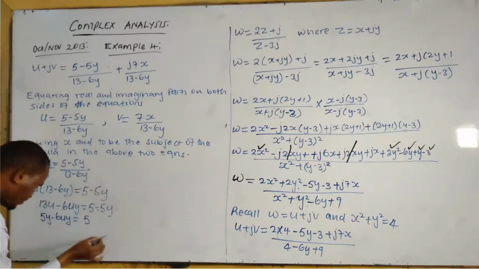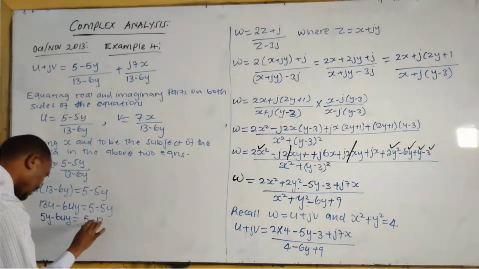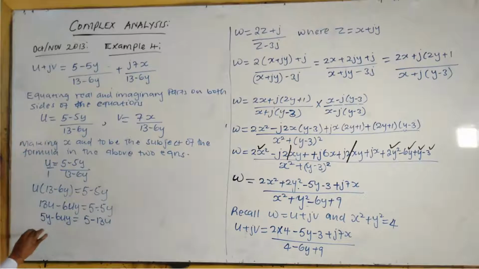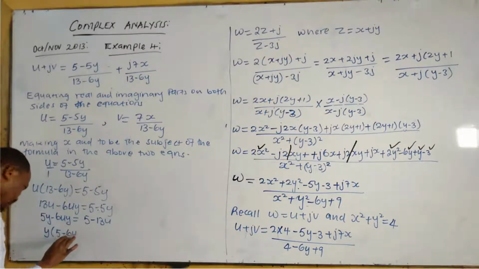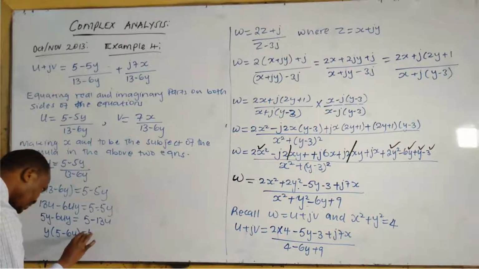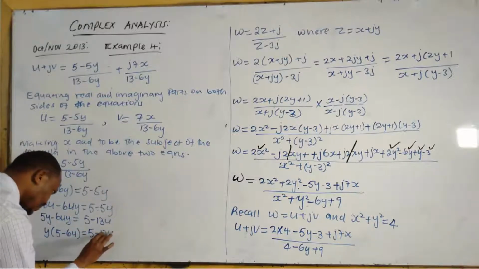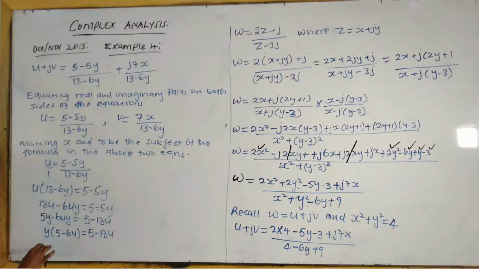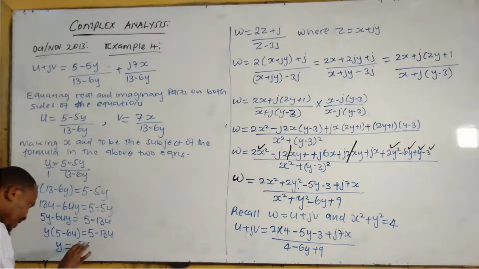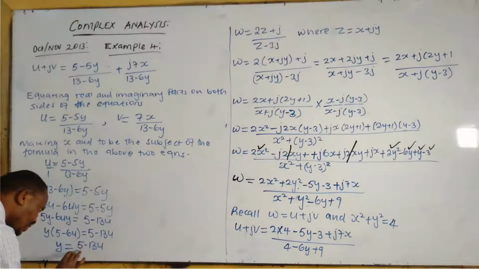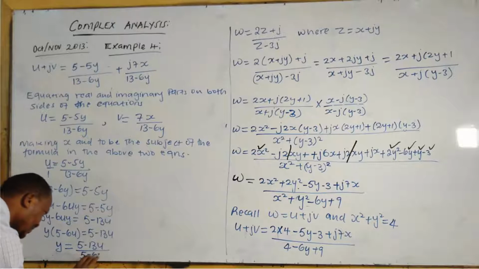This on the other side will be negative: minus 13u. Factor out the y. y into bracket 5 minus 6u is equal to 5 minus 13u. So y is equal to what? y is equal to (5 minus 13u) over (5 minus 6u).